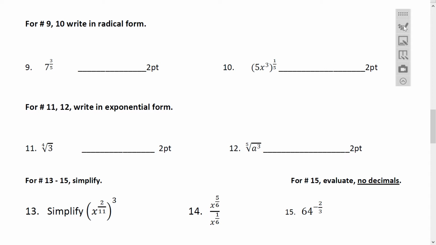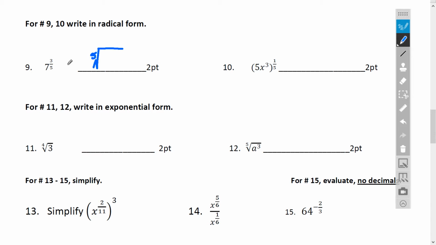For numbers 9 and 10, write in radical form. So this is changing from exponent form to radical form. Remember the denominator of the fraction, so the exponent is 3 over 5, becomes the radical, and then the numerator just stays the exponent.